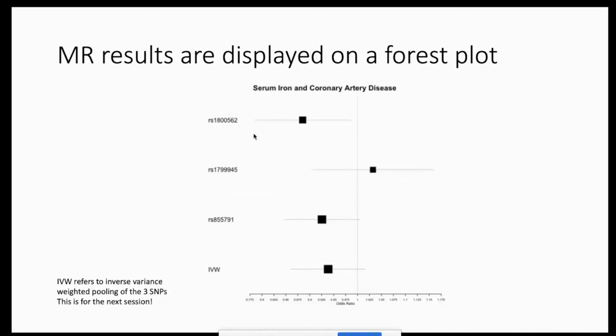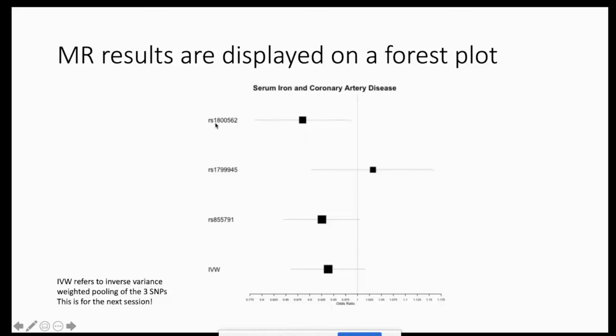We can display the results of a Mendelian randomization study using a forest plot. It's quite a common way that they're displayed in MR studies. So here on the x-axis, we have the odds ratio, 1 again being unity, meaning there's no effect of the SNP on coronary artery disease, or in this case, serum iron.